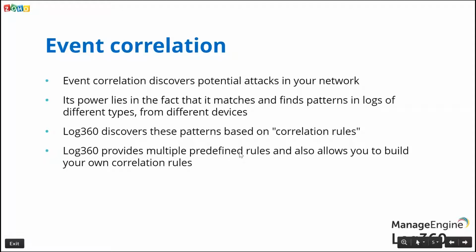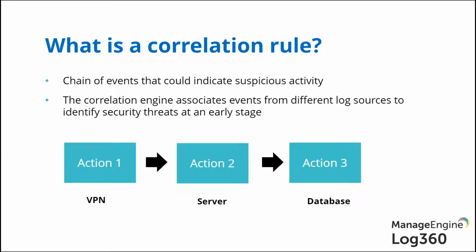And Log360, ManageEngine's SIEM solution, also includes several predefined correlation rules to help you detect network attacks, right? A correlation rule is nothing but, you can think of it as a sort of template or a sequence of logs which could denote a kind of attack.